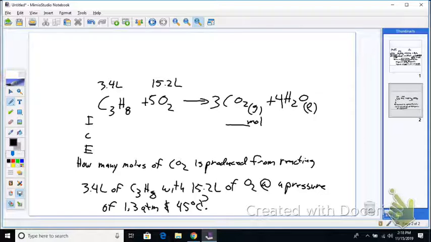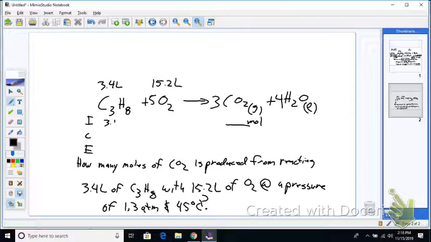So now what you've got to do is decide which one of those two is going to run out, based upon what we did with ICE in the past. So which one is limiting, oxygen or C3H8? You don't have to do anything with this, right?